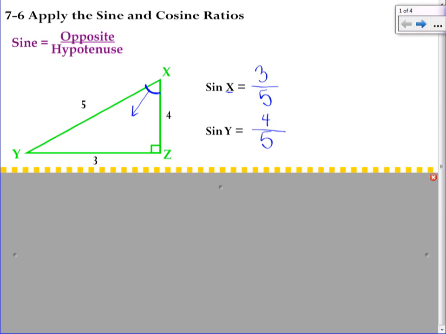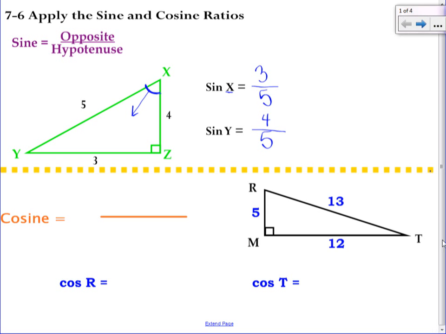Is your triangle different than mine? No, okay. Good, I updated the notes. All right, so cosine is adjacent over hypotenuse.